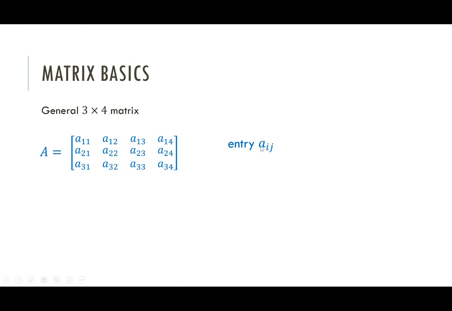Say you have entry little a sub ij. Well, the i corresponds to the row and the j corresponds to the column. So, for example, entry little a sub 2 4 says that this is the entry of matrix A that appears in row 2 and column 4. And indeed, it looks like I set this up right, and that is where it shows up.